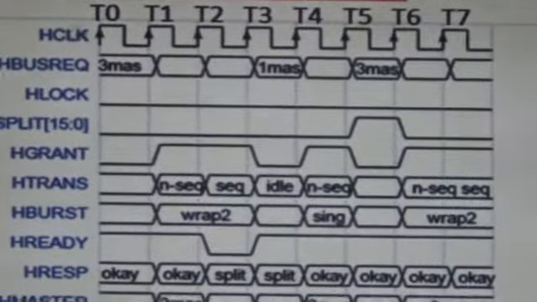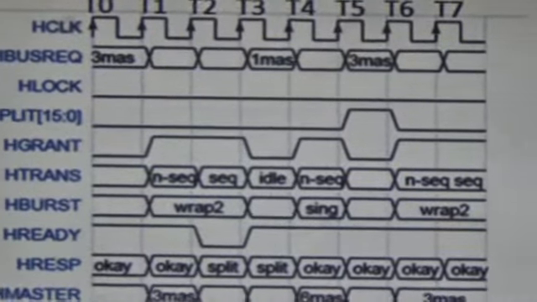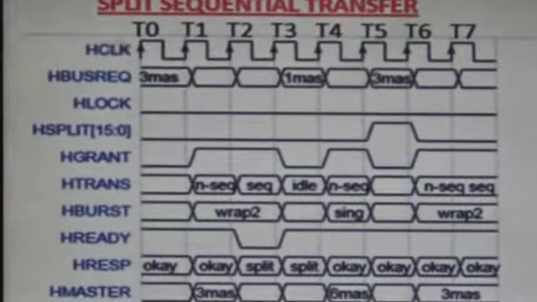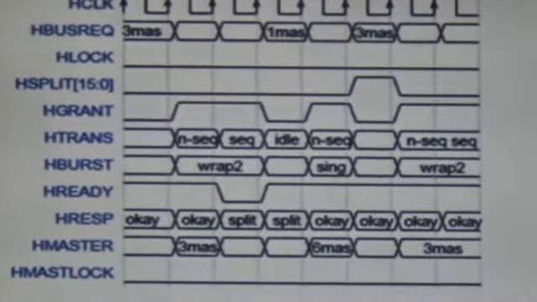In the T1 clock cycle, you can see that HMASTER is updated with the third master. That means the bus has now given access to the third master in the T1 clock cycle.